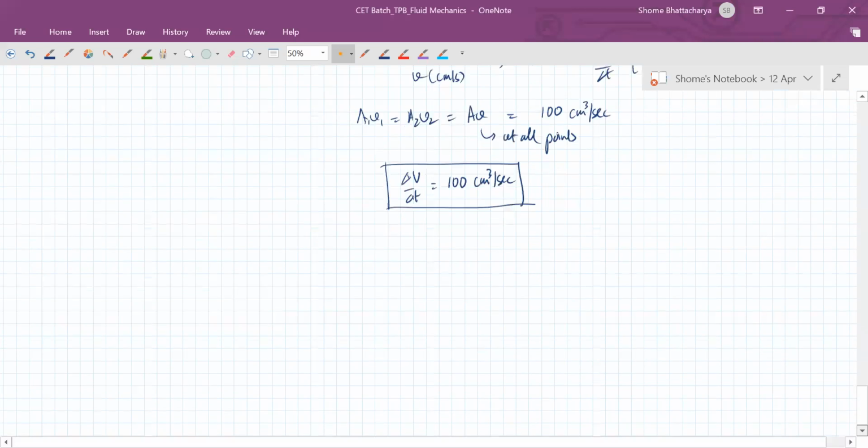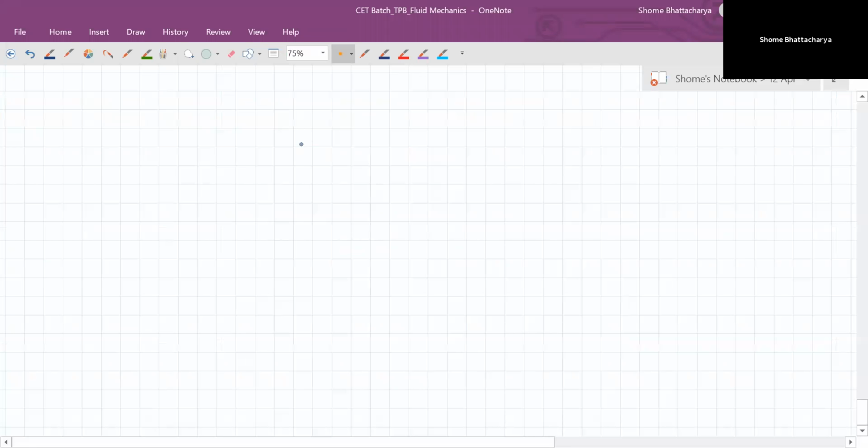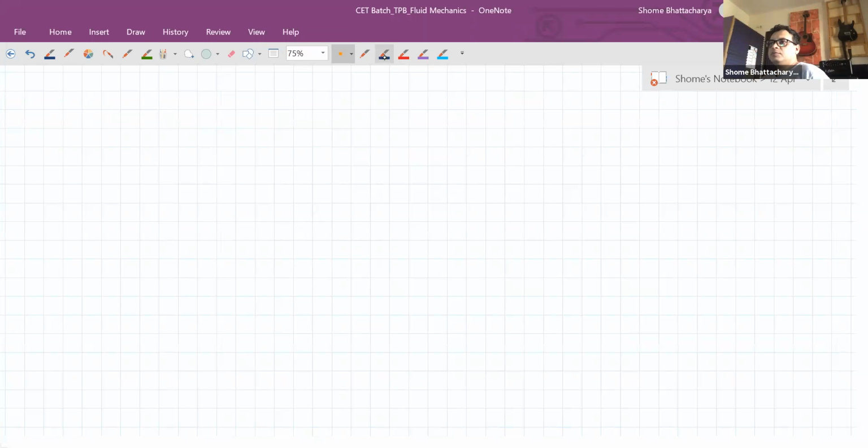Okay, so this is about application of continuity equation in an example. The next thing is another important mathematical equation for steady flow, and that is something called Bernoulli's equation.